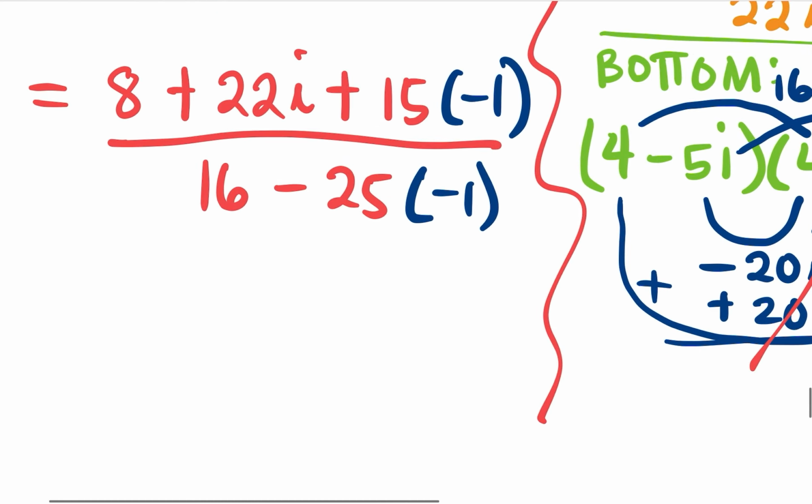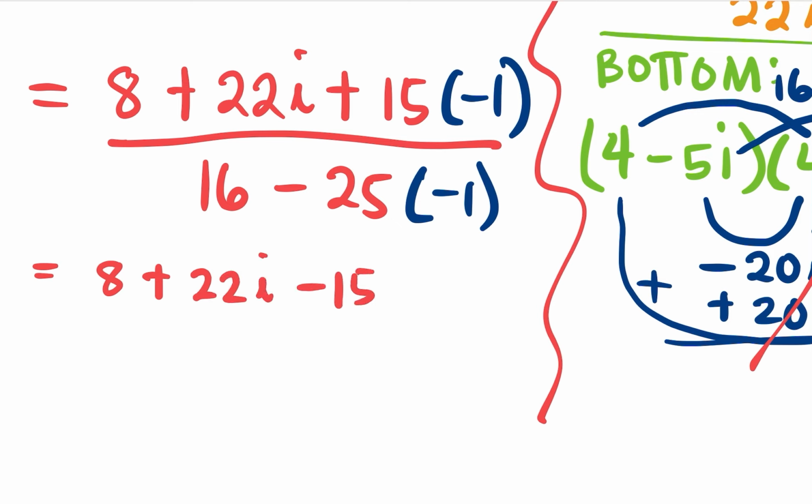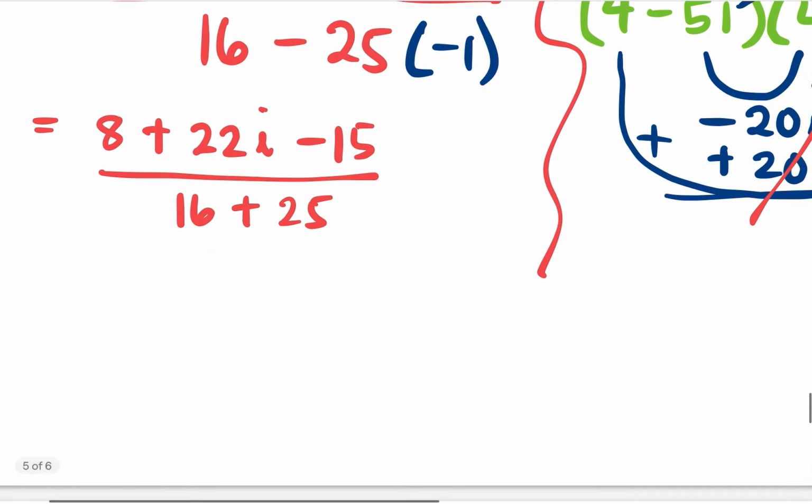Let's focus our attention right here. Okay, so we now have on the numerator 8 plus 22i minus 15 over 16 plus 25. Okay, so simplifying our final answer, what can we combine?